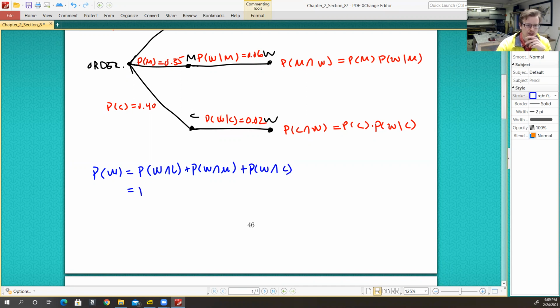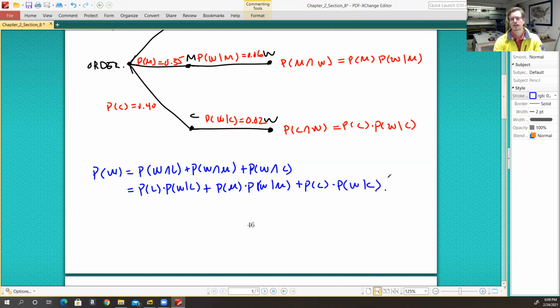But that, of course, is the probability that Larry filled it times the probability that there is a mistake given that Larry filled it plus the probability that Mo filled it times the probability that there is a mistake given that Mo filled it plus the probability that Curly filled it times the probability that there is a mistake given that Curly filled it. All right.